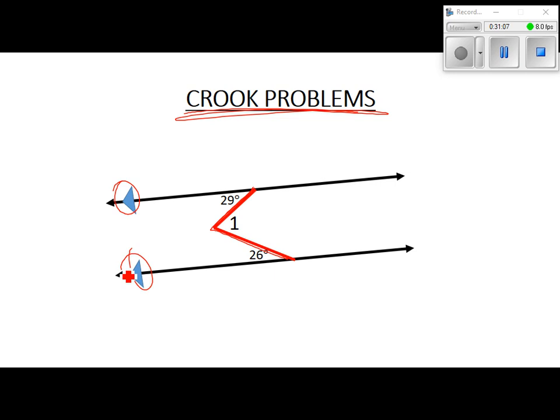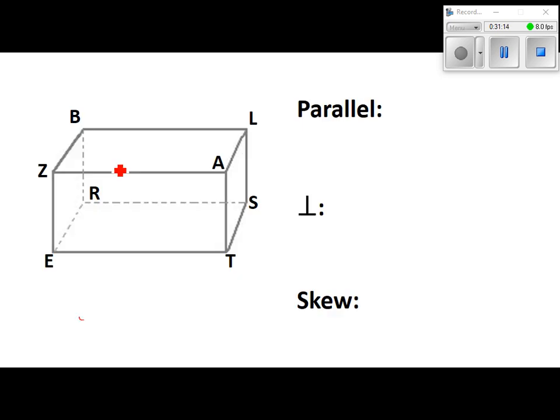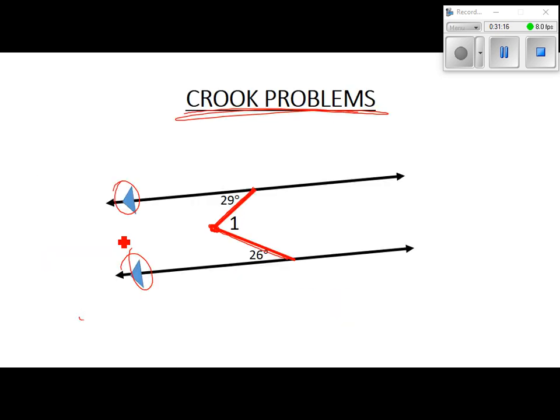But what we can do here is, right through this crook, right through that point right there, we can draw in another line. And we had that theorem that said through this point there's only one line in our world that we can draw in there that's going to be parallel to this top line, and there's only one line that's going to be parallel to the bottom line. So we can say that that's parallel to that.